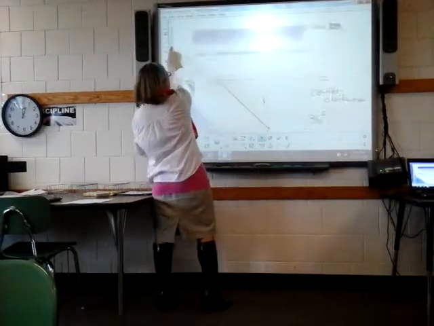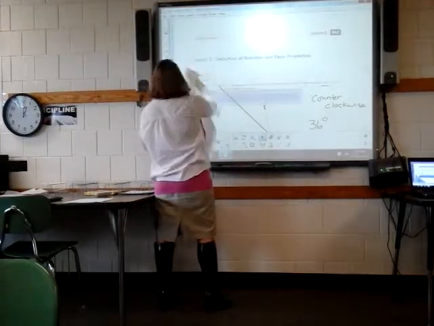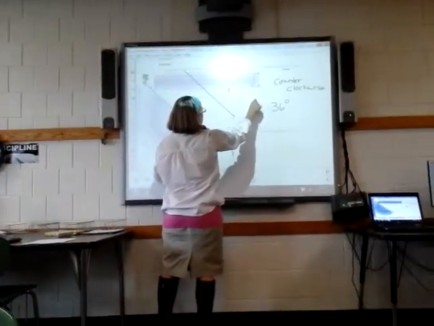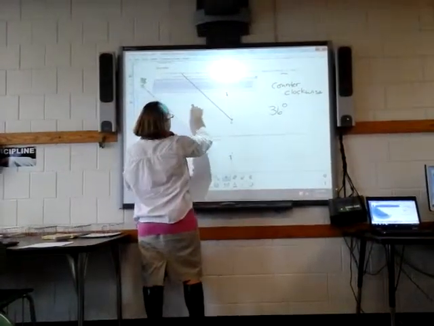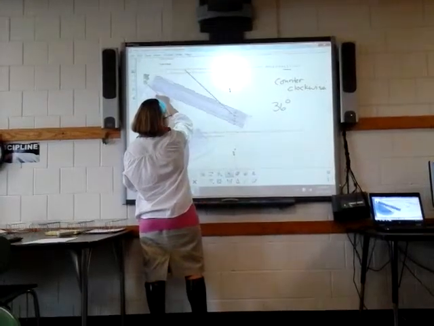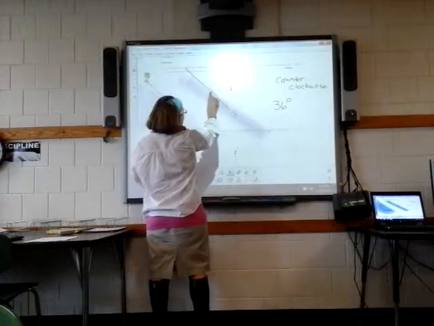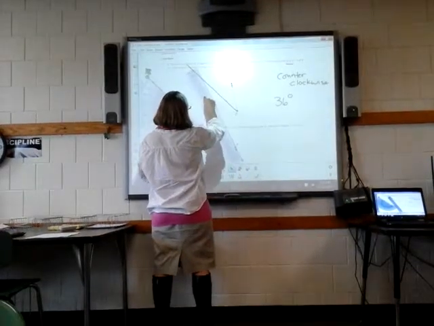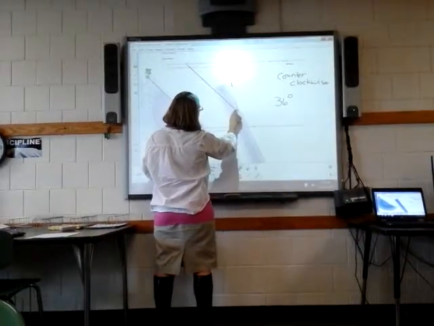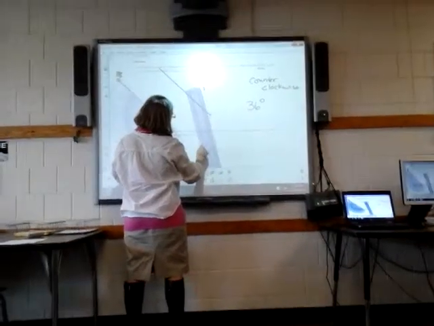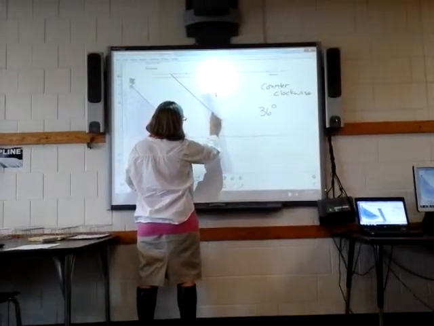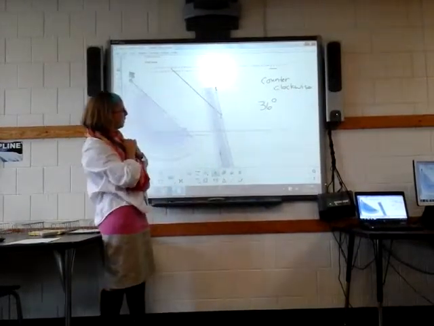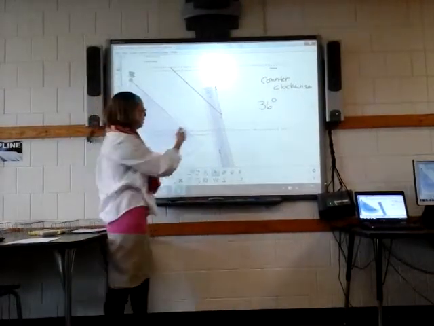I have to find my ruler. Here it is. I need to measure my distance of my origin. Hopefully your rulers work better and more simple than mine. Okay, my origin is exactly 4 centimeters from P up here.